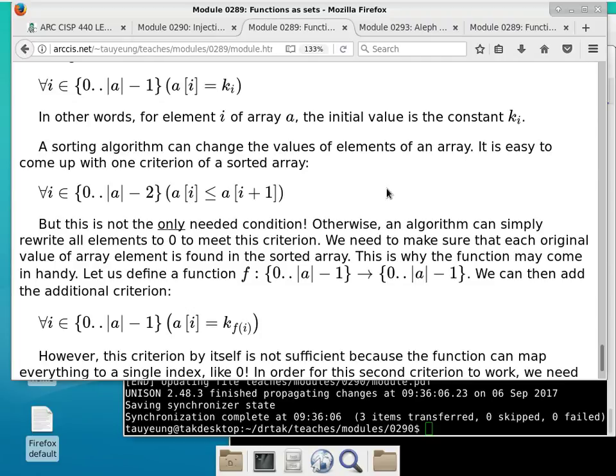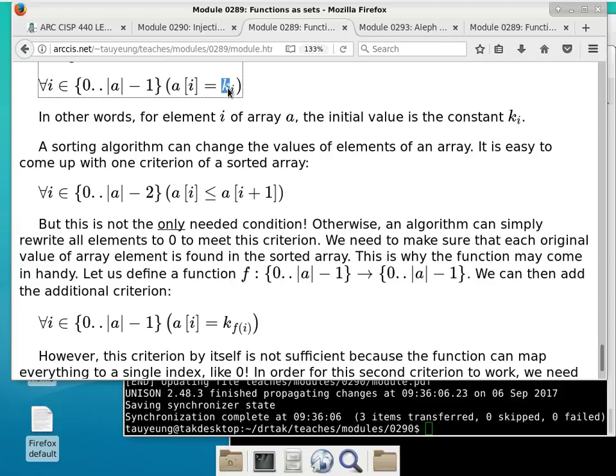Okay? So just to remind you what we have already talked about is this is the input condition. In other words, this describes the array coming into a sorting algorithm. Okay? So A bracket I is your usual notation, which is denoting element I of array A. Okay, so that part is just a syntax thing.